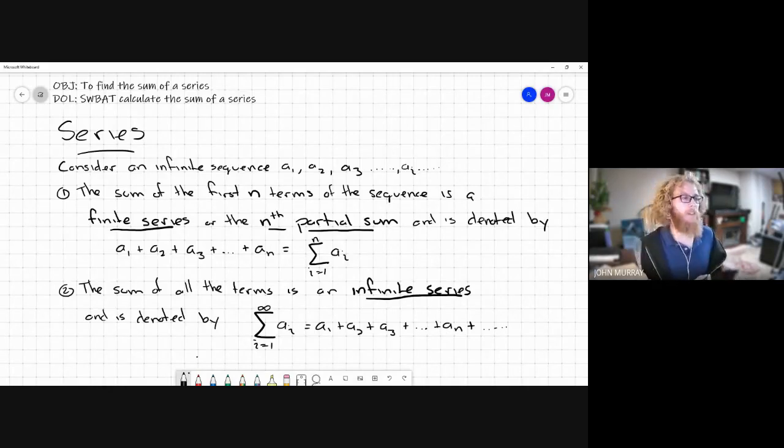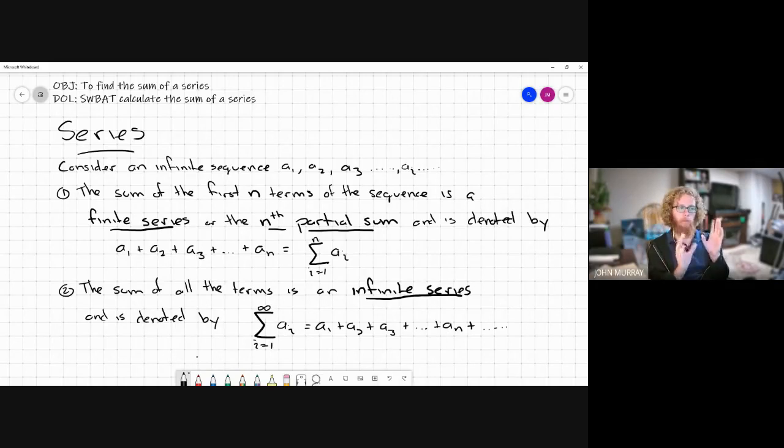Okay. So consider an infinite sequence, A1, A2, A3, dot, dot, dot, goes on forever. It's infinite. So we say the sum of the first n terms is a finite series. We have an infinite list of numbers, but we're not considering all of them.